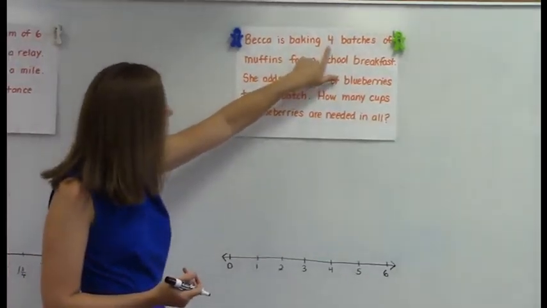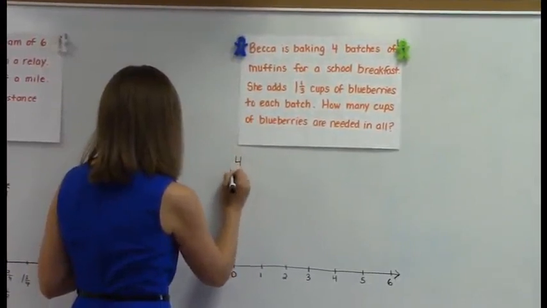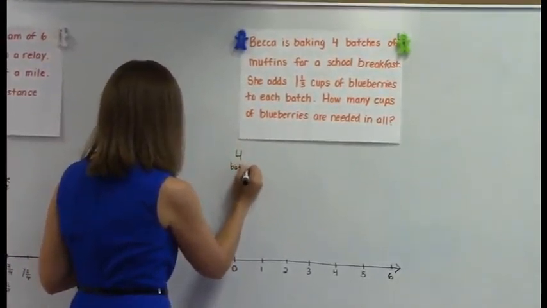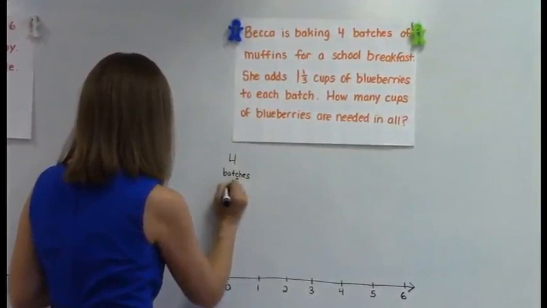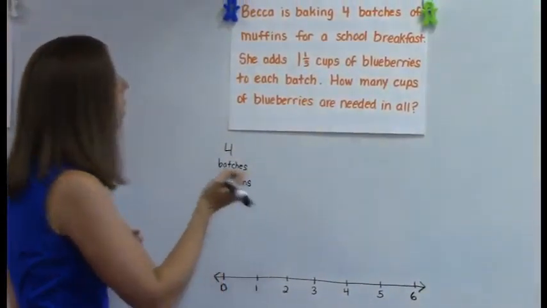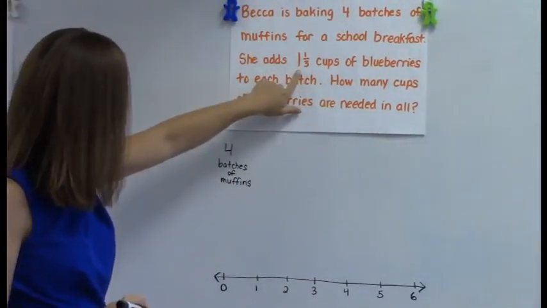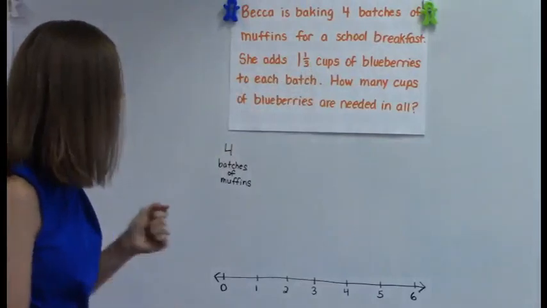It looks like Becca is baking 4 batches of muffins. So I'll record that here. For each batch of muffins, she's going to need 1 1/3 cup of blueberries.